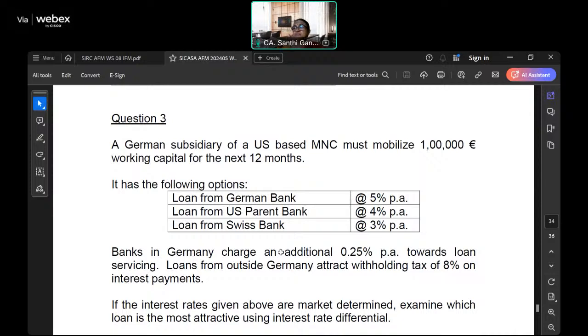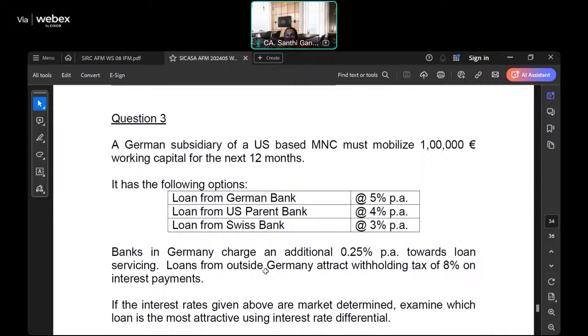So what should we do? When you say interest rates are market determined, it indicates that the rates will be the same for everyone. There is no room for negotiation. Differential pricing, interest rates, it's not possible. So net of the withholding tax, they should get that. That is the meaning.